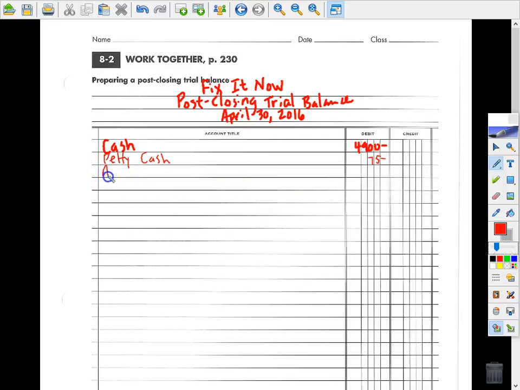And then accounts receivable, B. Wydell, is $1,387. Supplies, $75. Prepaid insurance, $250.